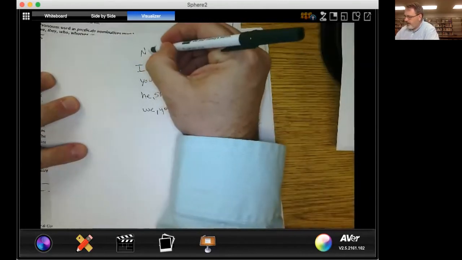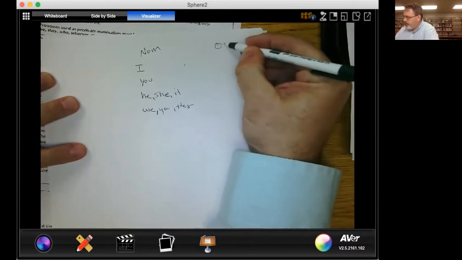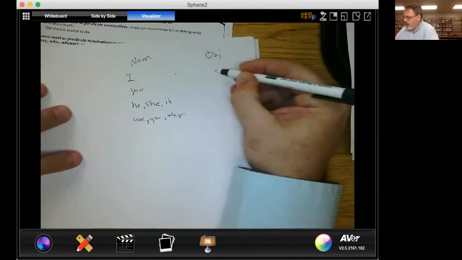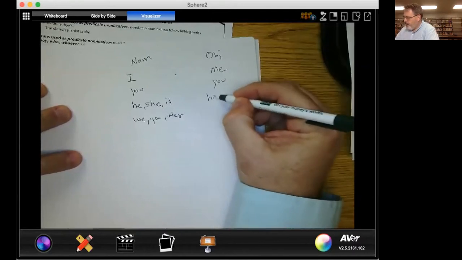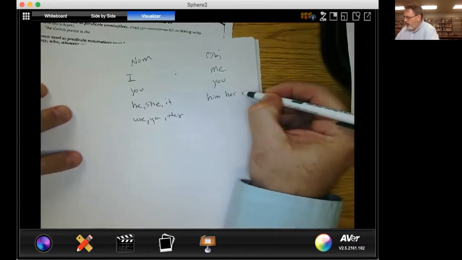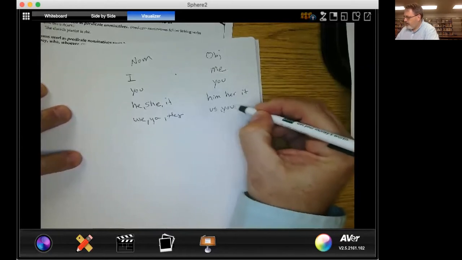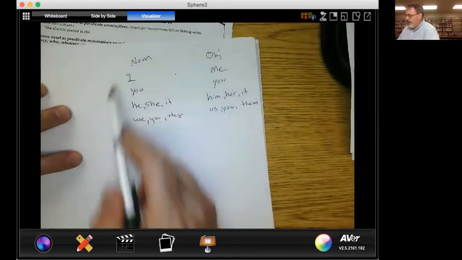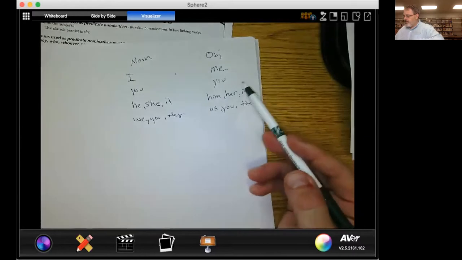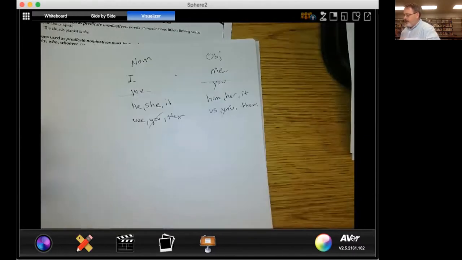These are the nominative case pronouns. The equivalents in the objective case are me, you, him, her, it, us, you, them. Now, you is always you, so we can kind of ignore it.